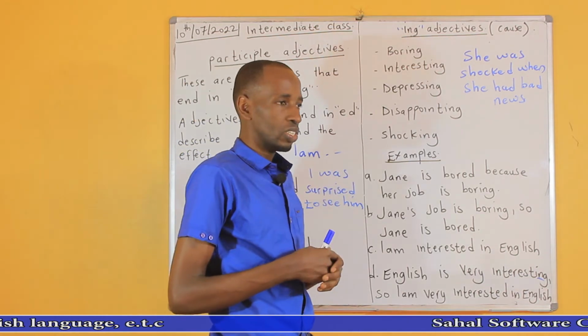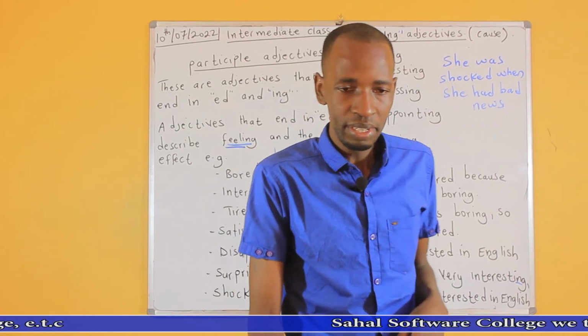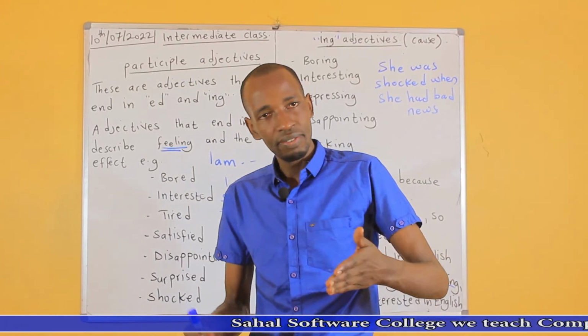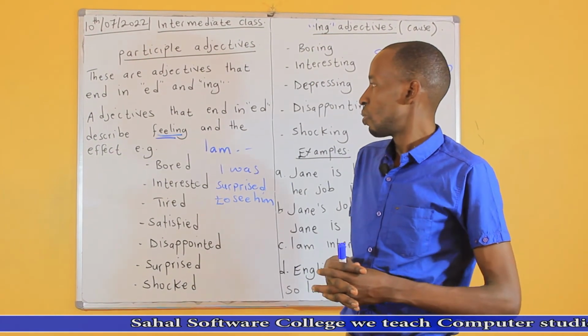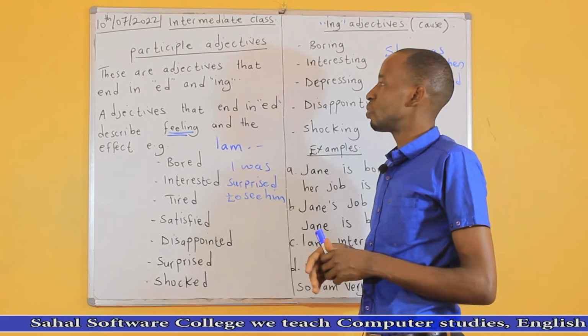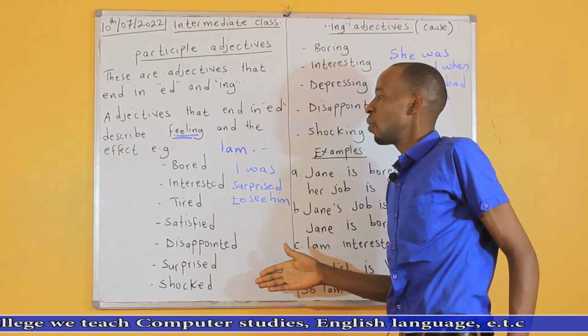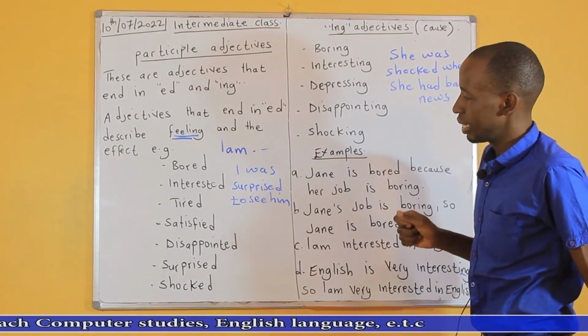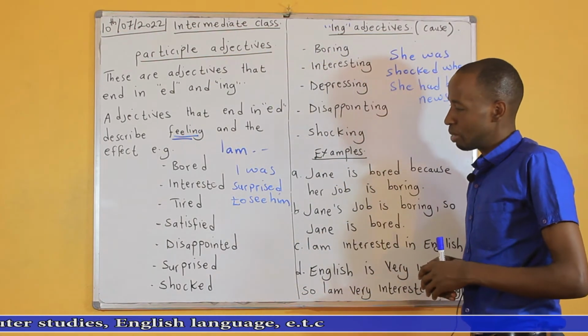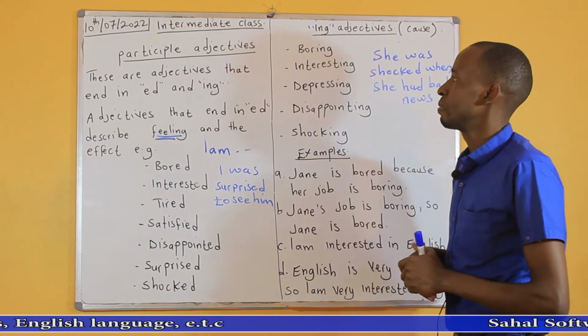Then lastly, shocking. I think we have talked about them. So we need to understand the difference between the two. So in your free time, you have to make sentences using bored, interested, tired, satisfied, disappointed, surprised, shocked.